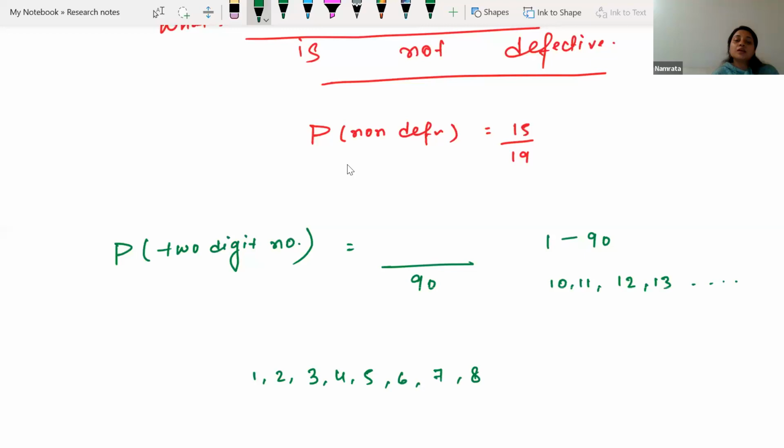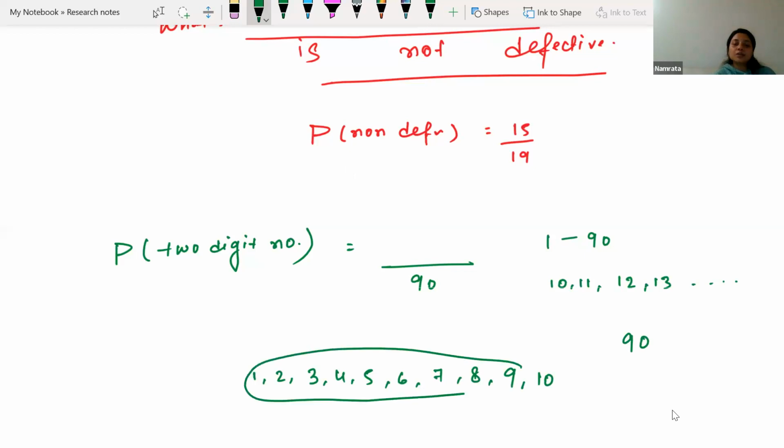Till 9 we have one-digit numbers, and after 9 we have two-digit numbers. So from 90, if we exclude these 9 numbers, the remaining numbers will be two-digit numbers. Yes or no? Are you getting it?